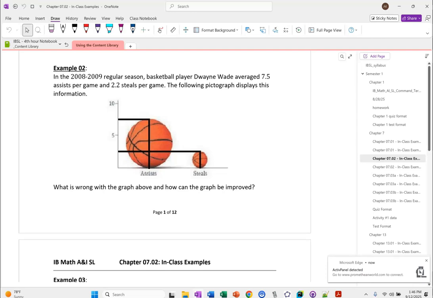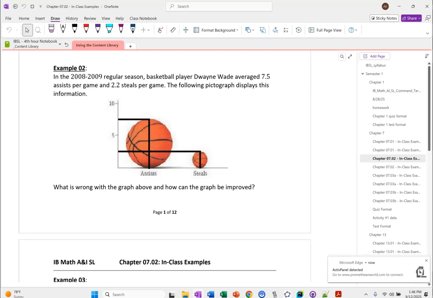That's the issue, that it's misrepresenting how much more assists than steals the player averages, because the area of that basketball is probably 9 times as big when the actual ratio of assists to steals is about 3. If you had, yeah, or you just use a bar, right?